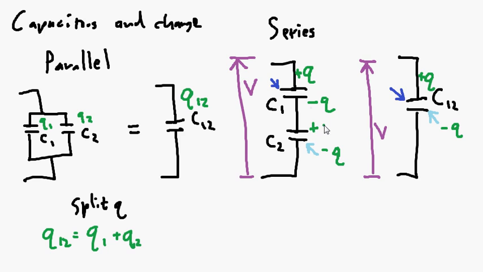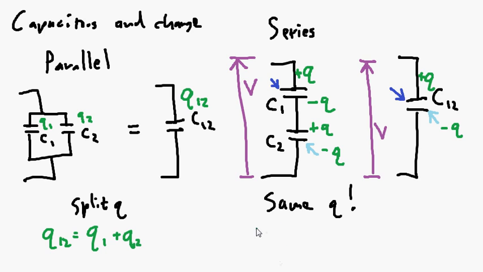So this plate must now have a residual charge of plus Q, which very conveniently balances the minus Q on this lower plate. But what this means is, this is why capacitors in series will have the same charge, and it will be equal to, and I'm putting an exclamation point because it's important, it'll be equal to the charge on an equivalent capacitor.